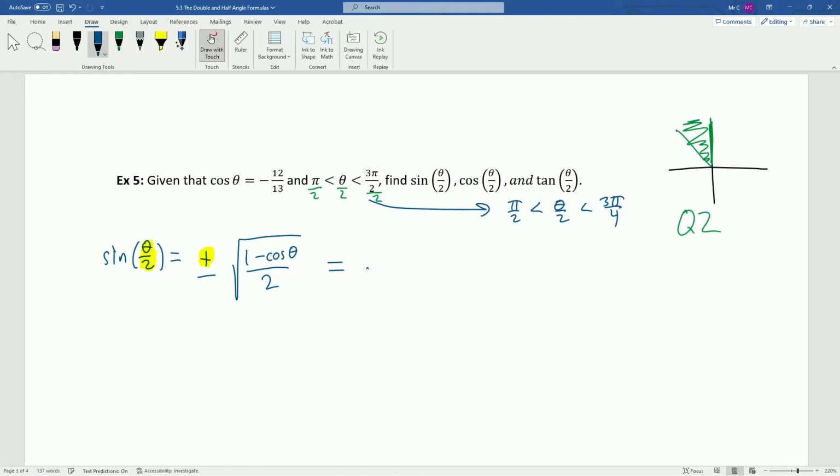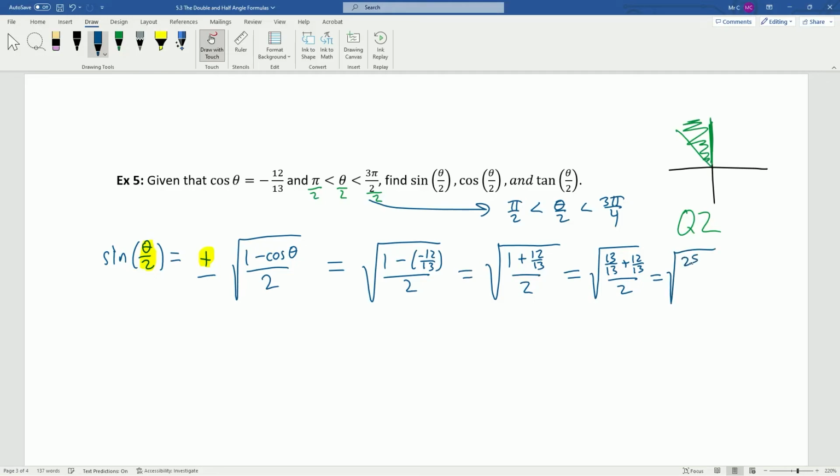So this gives us the positive root of 1 minus negative 12 over 13, over 2. That gives us 1 plus 12 thirteenths over 2. 1 is 13 divided by 13. This gives us 25 over 13 divided by 2.